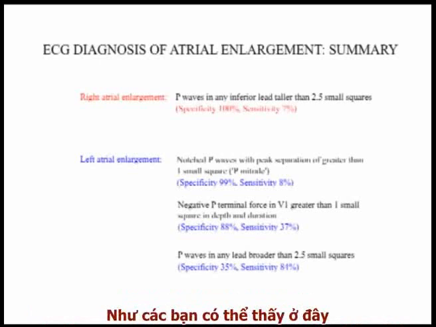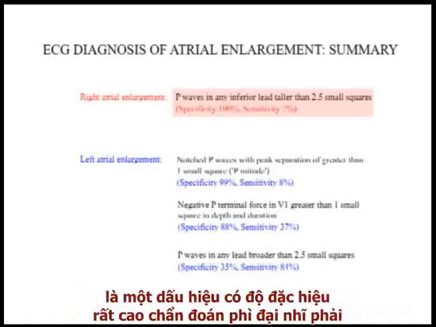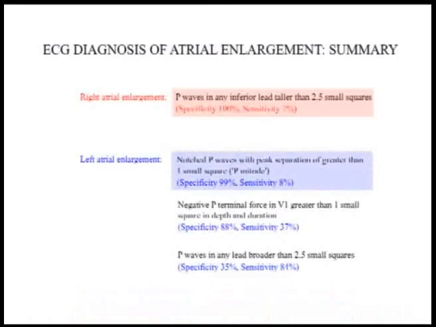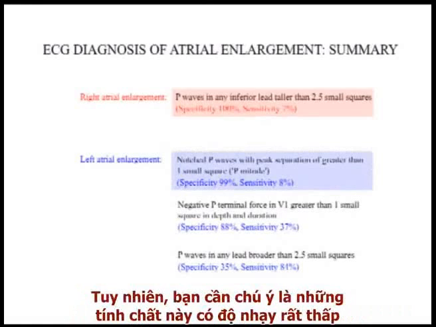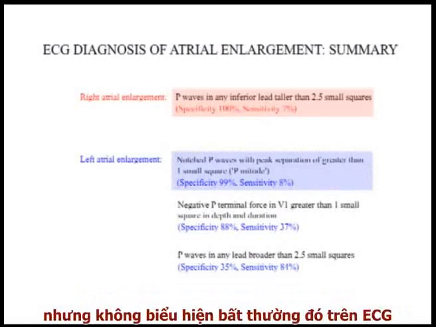This slide summarizes the ECG diagnosis of atrial enlargement. As you can see from the figures quoted here, P waves taller than 2.5 millimeters in amplitude in any of the inferior leads is a very specific finding for right atrial enlargement, and P mitrale is very specific for enlargement of the left chamber. However, you will appreciate from the poor figures for sensitivity that many patients with underlying enlargement of the chambers do not demonstrate these abnormalities on their ECG.